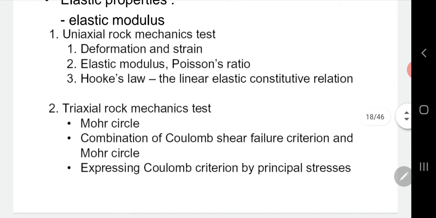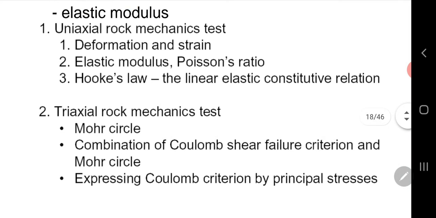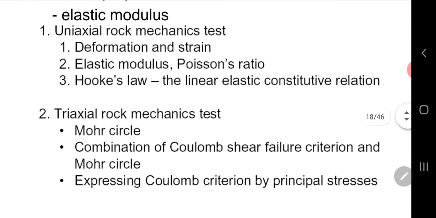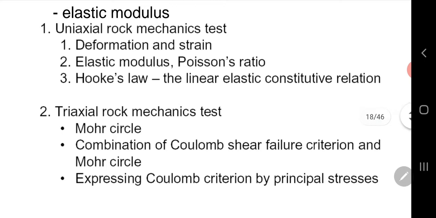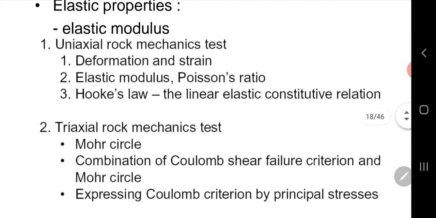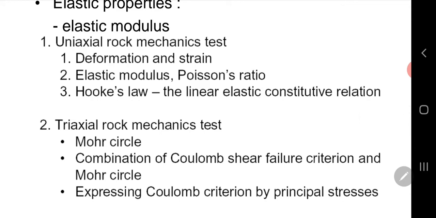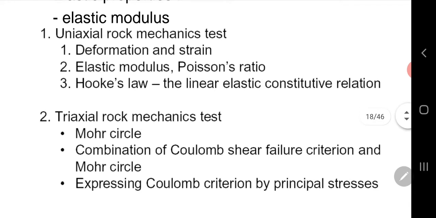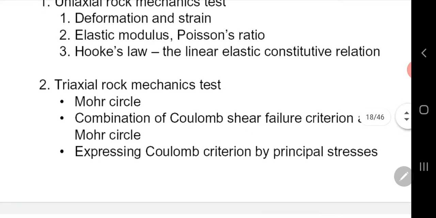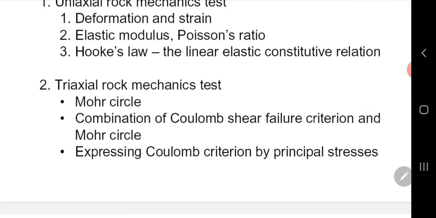Okay, the first one, you do the uniaxial rock mechanic test, and you get the relationship. You can draw the graph, and from the graph you can get the information for deformation and strain, and of course the value for elastic modulus and Poisson ratio. Applying Hooke's law to get the linear elastic constitutive relation.